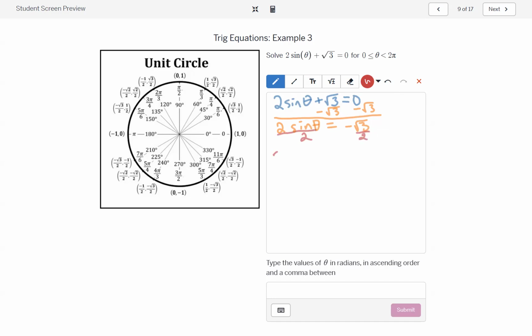And now I'm looking at something that's actually on the unit circle. Where is sine theta negative square root of 3 over 2? Yep, so 4 pi over 3. And where else?